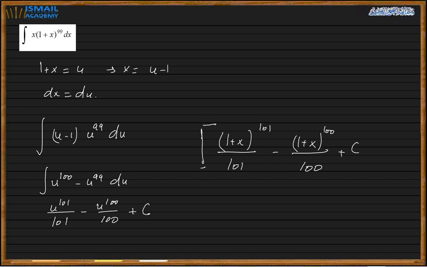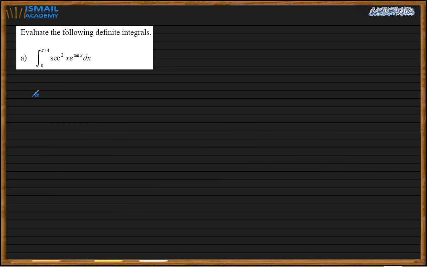The next question. So evaluate the definite integral. So here I choose my u equal tangent of x. That means du will be secant squared of x dx, and the boundary is going to be from 0, because tangent of 0 is 0 and pi over 4 is 1.